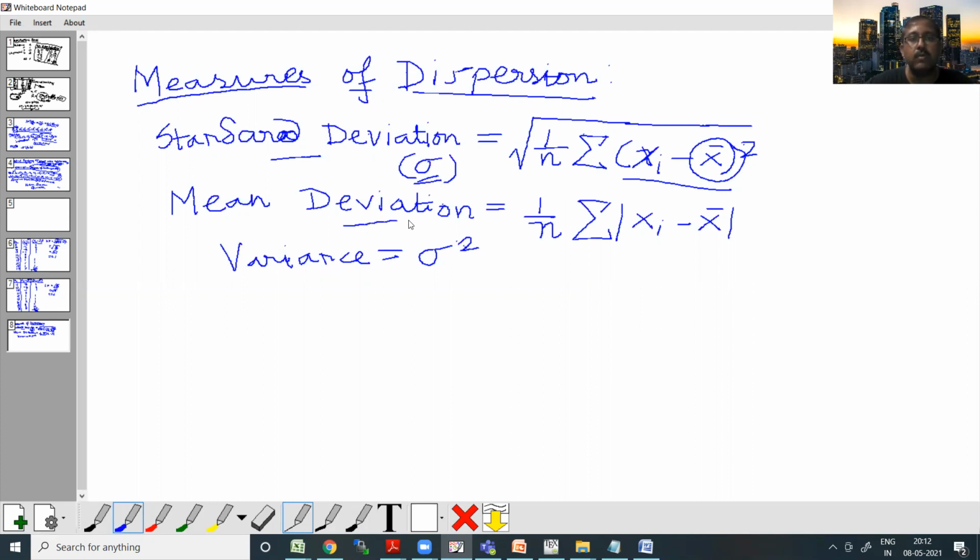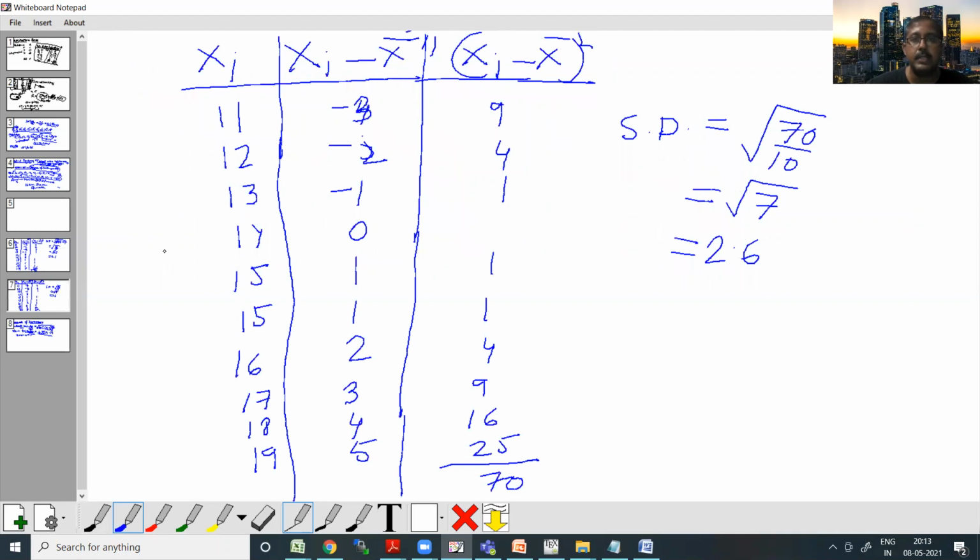And we have also understood that there is one more measure which is known as the mean deviation, which is measured by the formula 1 by n summation of modulus xi minus x bar. So we have already seen how to calculate the xi minus x bar and the xi minus x bar square.